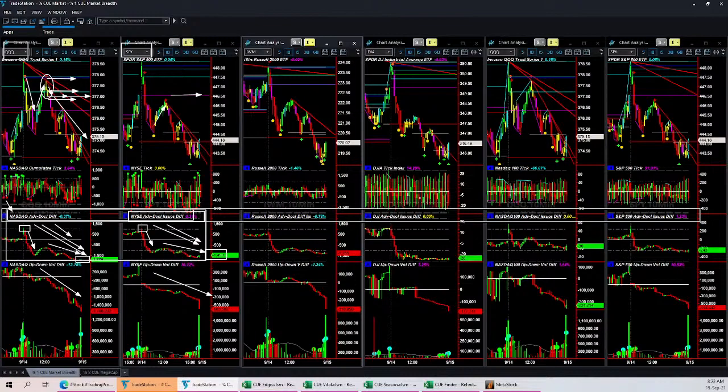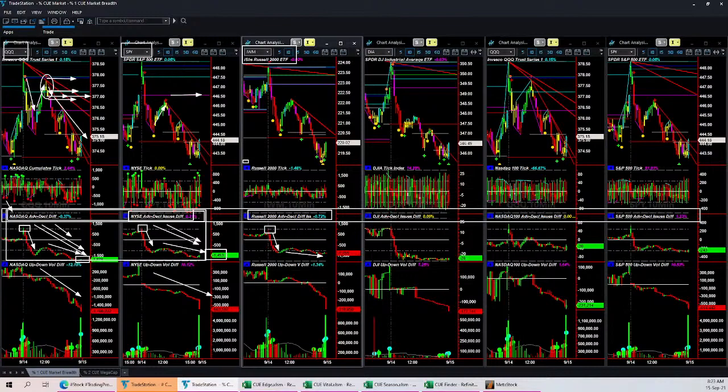Now, if you look at IWM, this is also quite broad, or the Russell 2000 advanced decline. It did the same pattern as Nasdaq and NYSE, opened positive, immediately went down and continued to trend lower throughout the day.